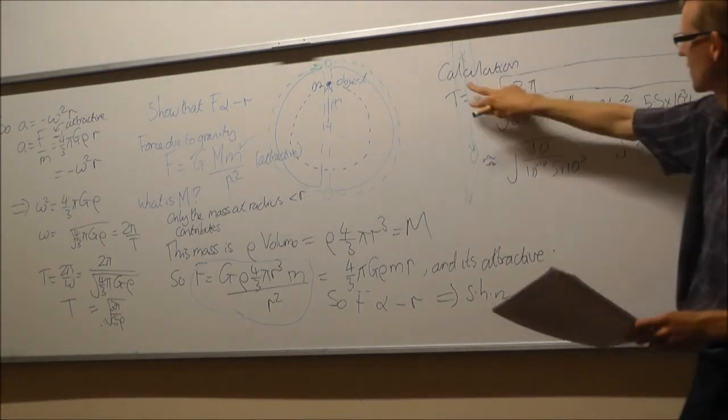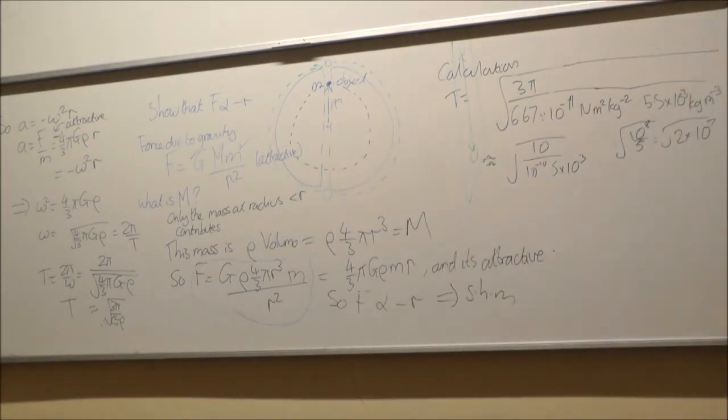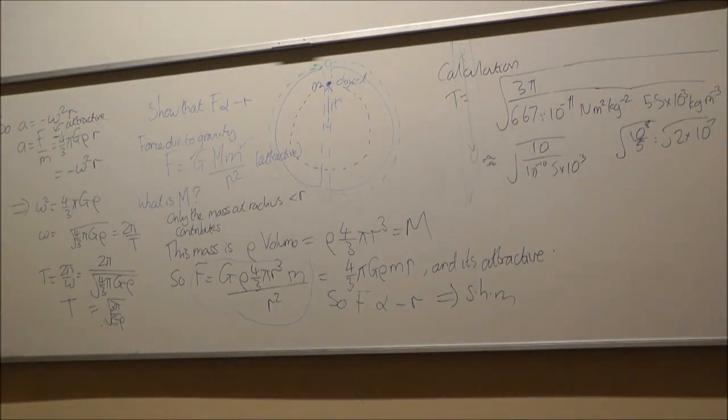Now, is that period the same as that period? We can have a think about that. What do we reckon? I don't know if this is along the same lines exactly, but can we compare Newton's gravitation formula and work out a period from there?